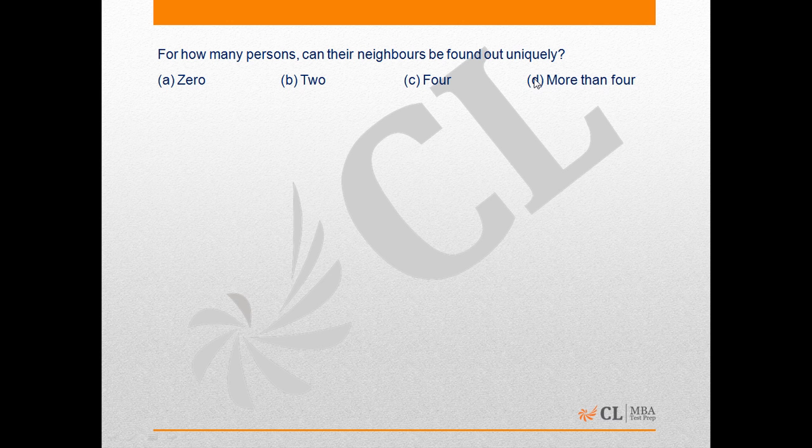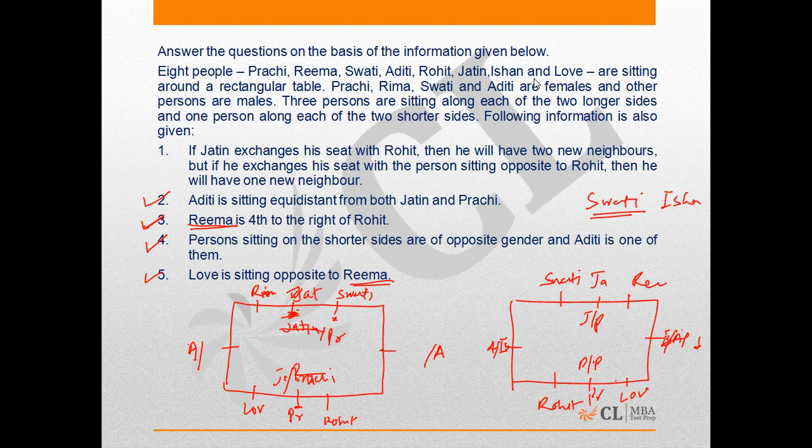The next question is asking for how many persons can their neighbors be found out uniquely. From the arrangement that we have, we can see that only for Jatin and Prachi we can find their unique neighbors.